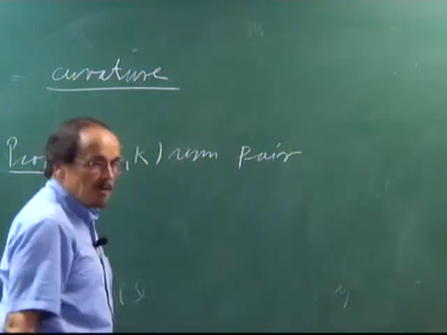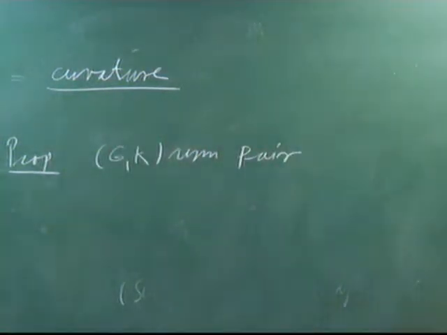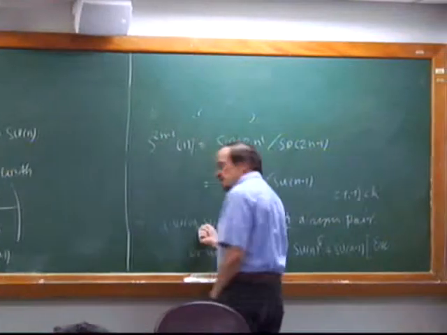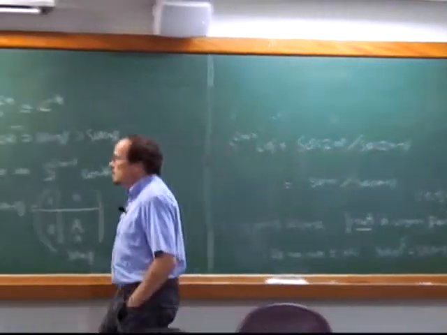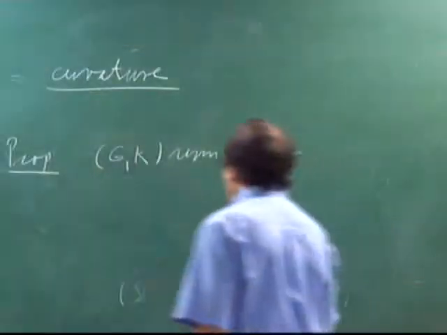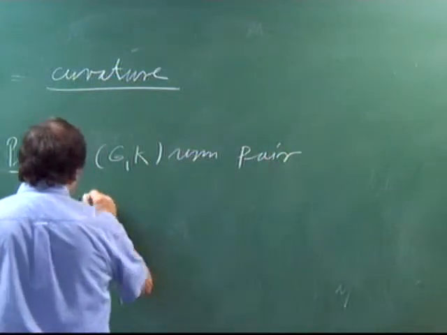Again, whatever formula I'm going to write down would not be true if I describe it in terms of something like this. That formula wouldn't hold here. So it's very important that we have a symmetric pair. And then we have our Cartan decomposition.